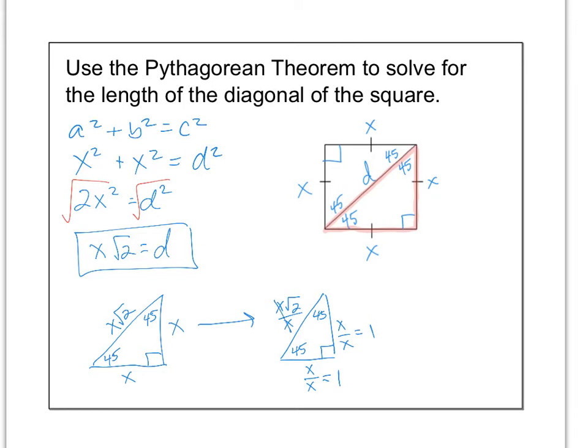And then think about up here on the diagonal, the x's would cancel out and you would just have root 2. So what I really want you to remember is if you have a 45-45-90 triangle, the ratio of the legs is 1 to 1, and the ratio of the legs to the diagonal is 1 to root 2. This will be the case in every single 45-45-90 triangle.